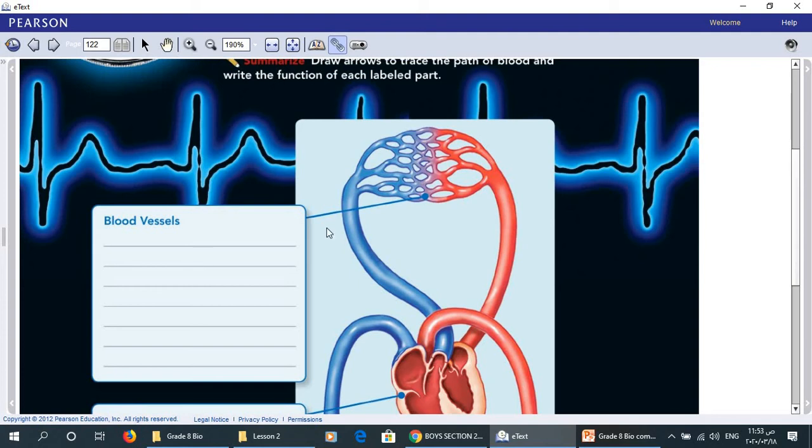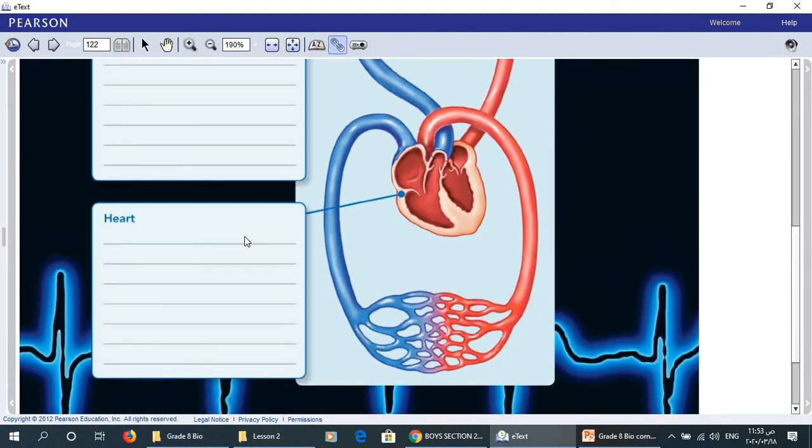We're talking about capillaries. I'll repeat the answer. They carry blood to and from the heart. Blood and body cells exchange needed materials and wastes here. This is in general blood vessels, including veins, capillaries, and arteries.